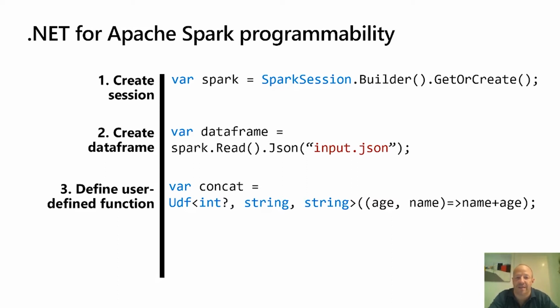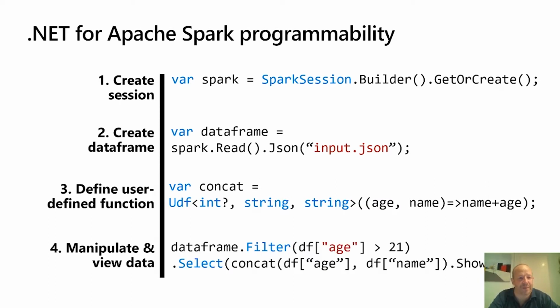In this case, I define a user-defined function called concat by taking a lambda expression that takes an age and a name and concatenates the name and the age together. One is an int and one is a string, and it returns a string as a result.